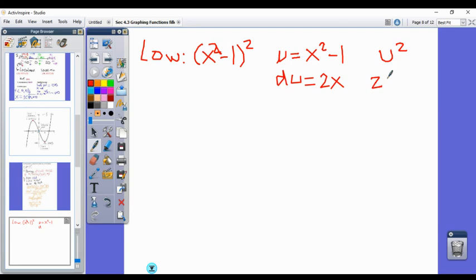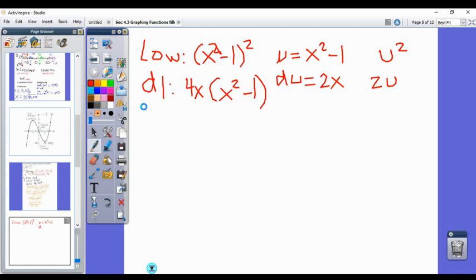So essentially you're going to be multiplying 2u by 2x to get the derivative of the low. So the derivative of the low is going to end up being 4x, because 2x times 2 times x squared minus 1.